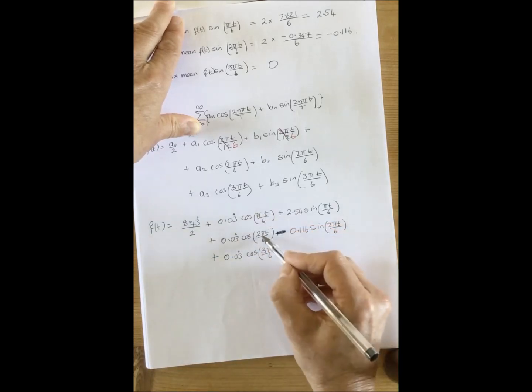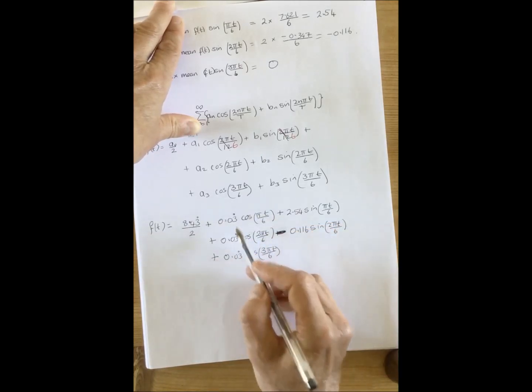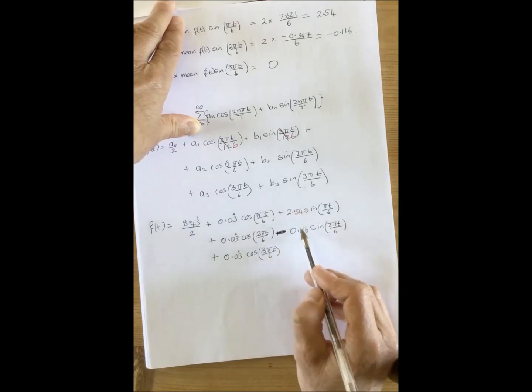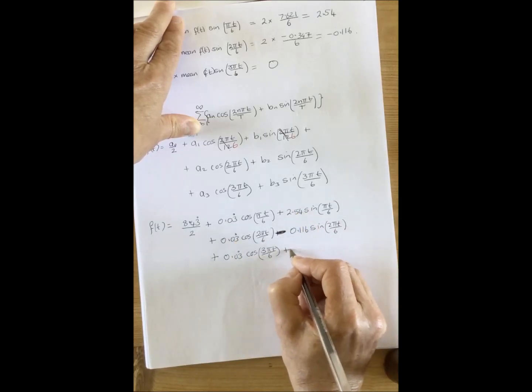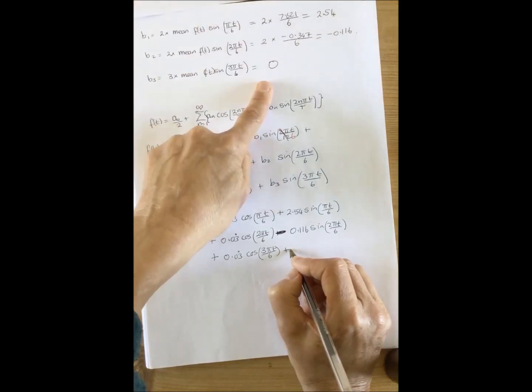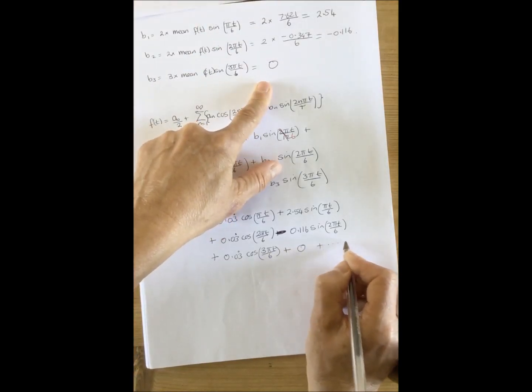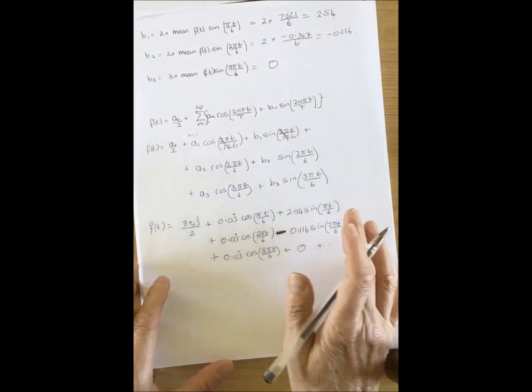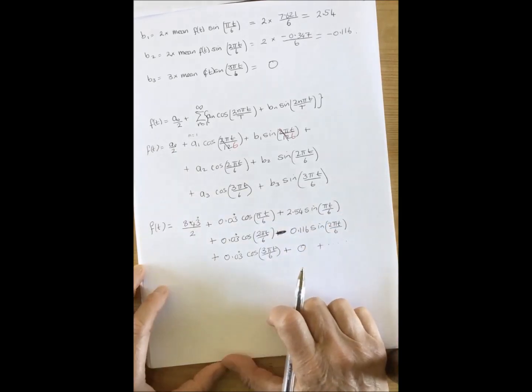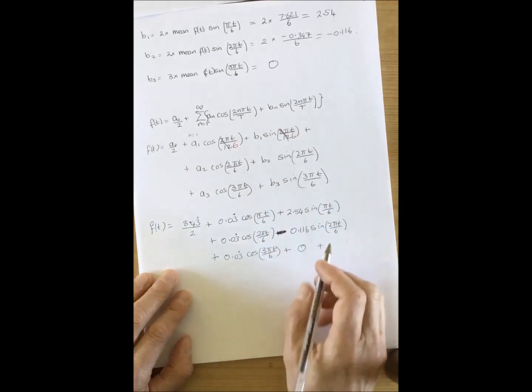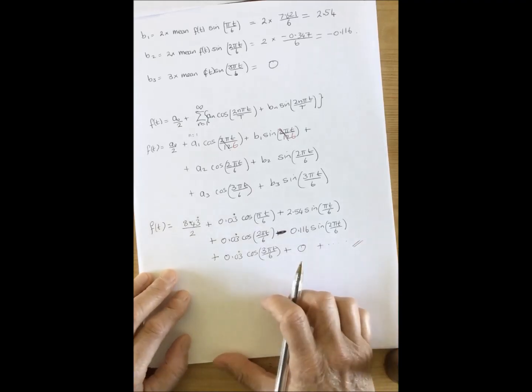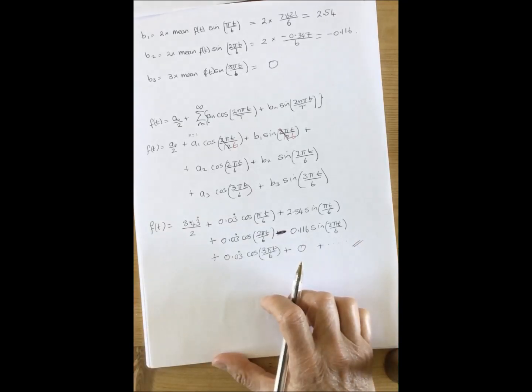So the n's are n is 1, n is 2, and n is 3, A1, A2, A3, B1, B2, and then plus B3, which was 0, so that's just 0, plus dot, dot, dot, because there are more beyond n equals 3, but we just haven't calculated them. So this is our Fourier series representation of that function.